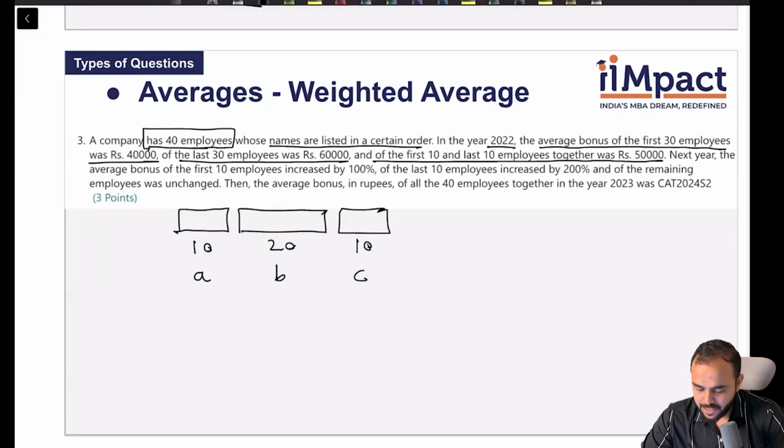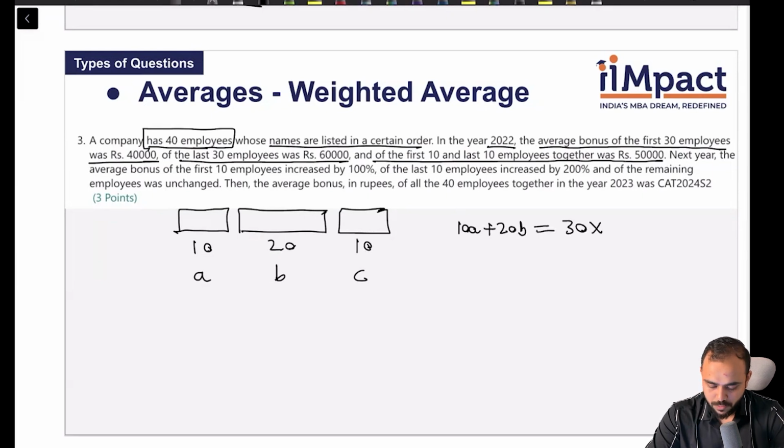So what are the data points that they have given me? Average bonus of first 30 employees was 40,000, which means 10 into A plus 20 into B is going to be equal to 30 into 40,000. Correct? So I basically just calculated the weighted average. Secondly, the last 30 employees was 60,000.